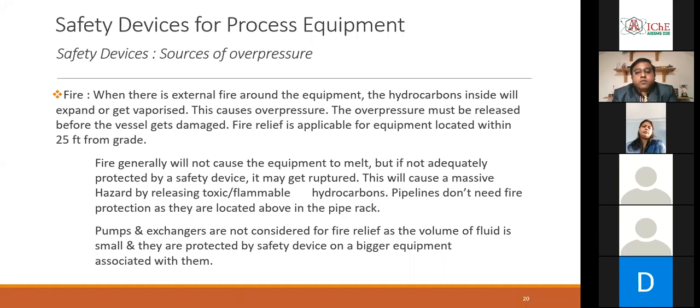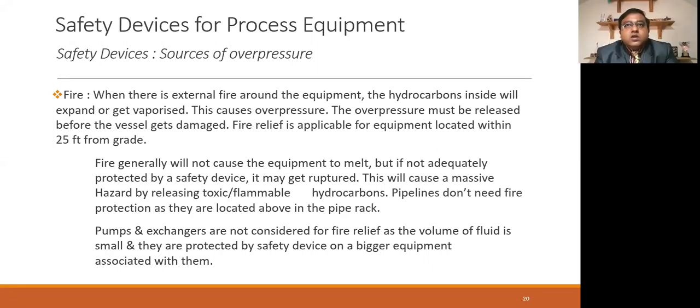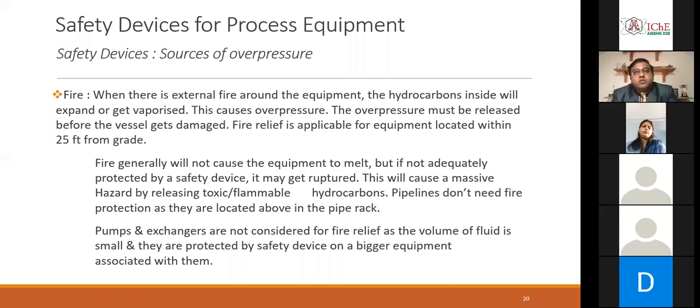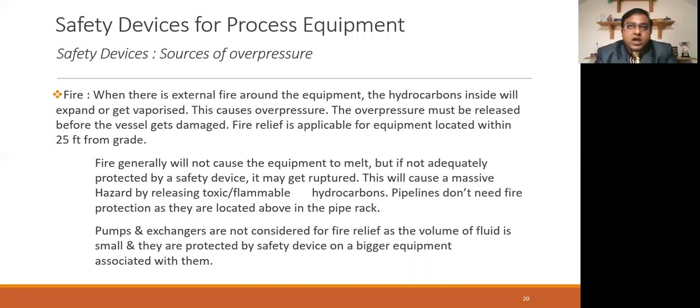So pipelines will not need fire protection. As I said, they are generally in the pipe rack higher than this limit of grade. So we don't protect pipelines for fire. Pumps and exchangers generally also are not considered because they are connected to a system, like a pump will discharge into a vessel, and if I put a PSV on the vessel, it will also cater for the fire relief associated with the pump and its lines.